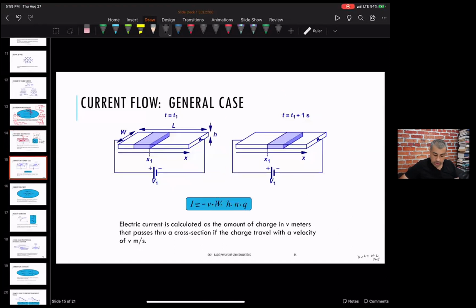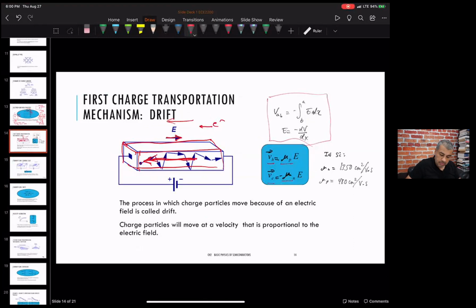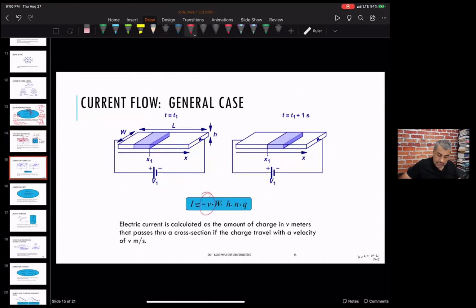If we look at the current, we can say that if you have a certain velocity, and the velocity we get from this equation, which depends on whether you're looking at electrons or holes, and then you look at a certain volume. The certain volume is this width, this height, and width, height.